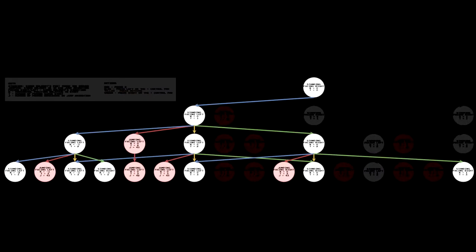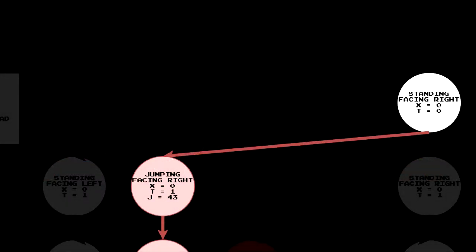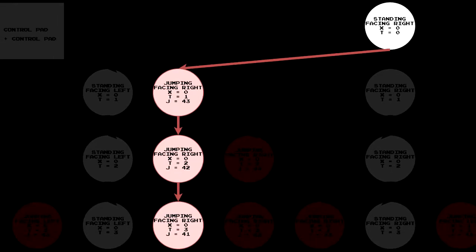And on the fourth frame, those states each have 4 potential options, leading to a total of 10 potential unique states. If Simon jumps on the second frame, then on the third frame, there's only one possible option, leading to one possible state. And on the fourth frame, there's again only one possible option, leading to one possible state. The commitment weight of jumping is much heavier than the commitment weight of walking left.